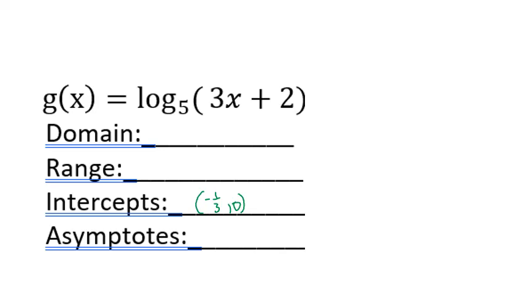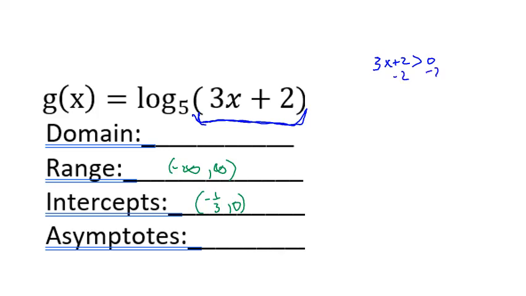Now let's try to find our other attributes. The range is easy. The range will always go from negative infinity to positive infinity for every log function. The domain is going to be anything that's going to make this argument for our log function positive. So we have to figure out when 3x plus 2 will be greater than 0.